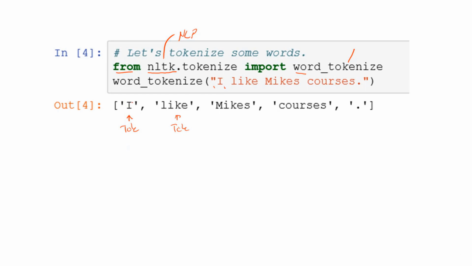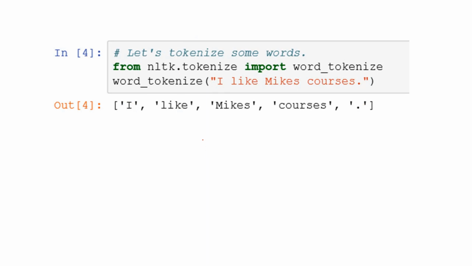We look at words like I. I is what's called a stop word. Stop words have no meaning, and we can get rid of them. What about the word like? Like we need. That definitely has sentiment. Mike's, courses, we're keeping all this. We can get rid of that too. So now we have 3 words. These are 3 tokens. So now what do we do?